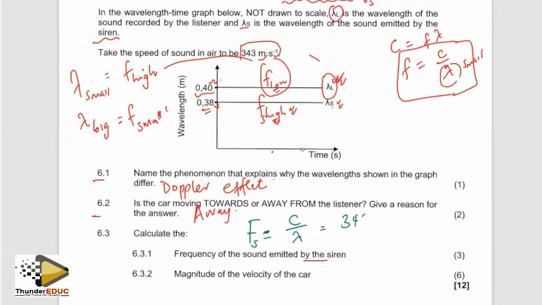So 343 divided by the wavelength of the source, which is 0.38. So 343 over 0.38 becomes 902.63 hertz. All right, so that is 6.3.1.